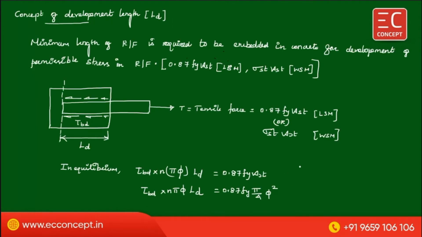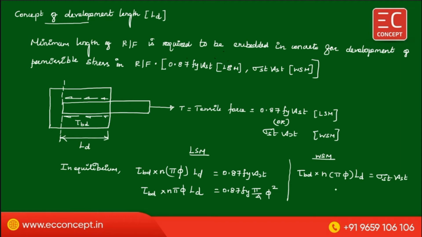Now what is LD? LD is equal to 0.87 Fy into phi divided by 4 tau bd. This is under limit state method. In working stress method, tau bd into pi phi into LD is equal to sigma st into Ast.